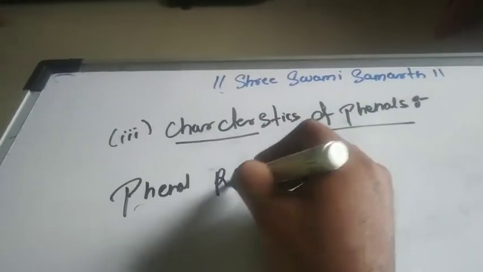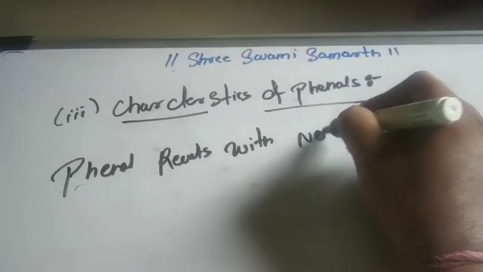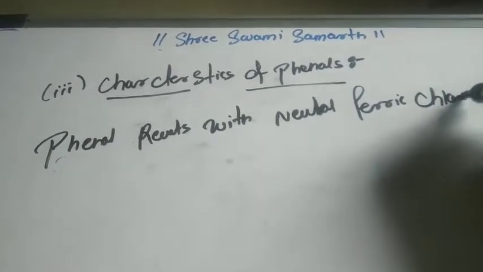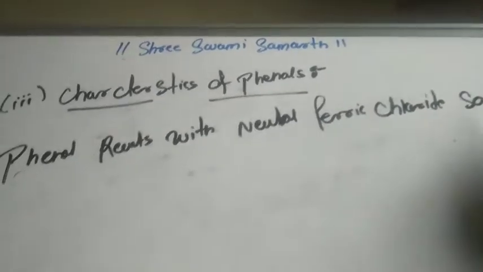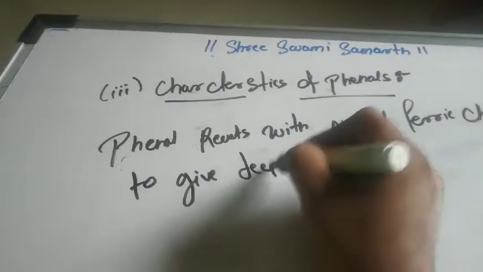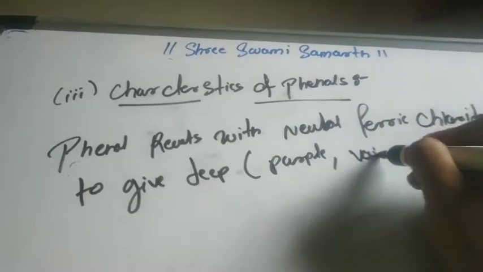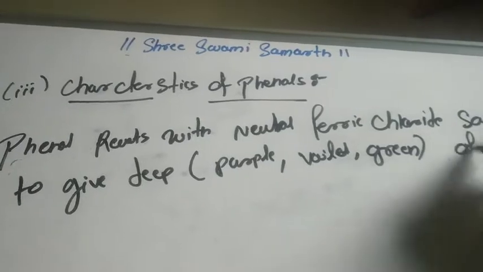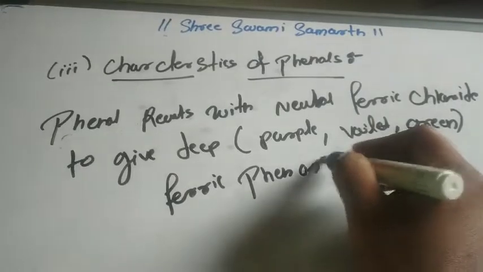Phenol reacts with neutral ferric chloride solution to give a deep purple, violet, and green color of ferric phenoxide, right?